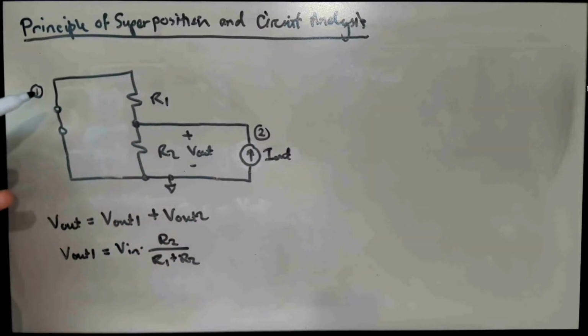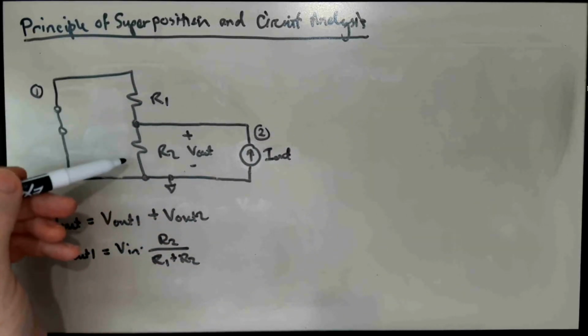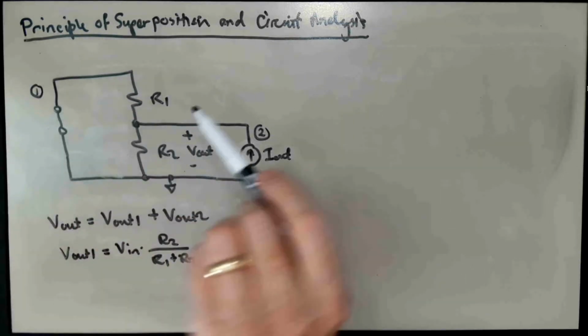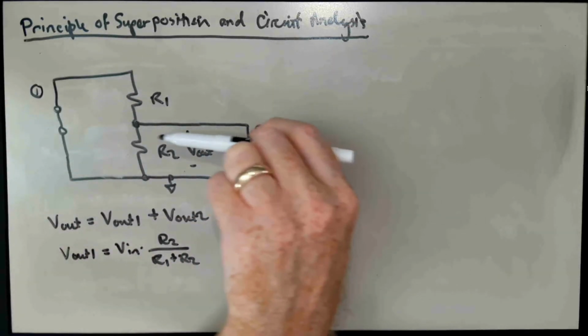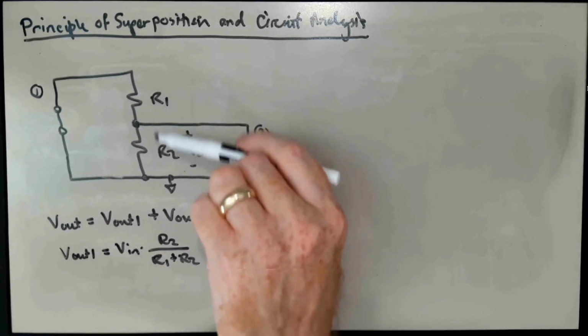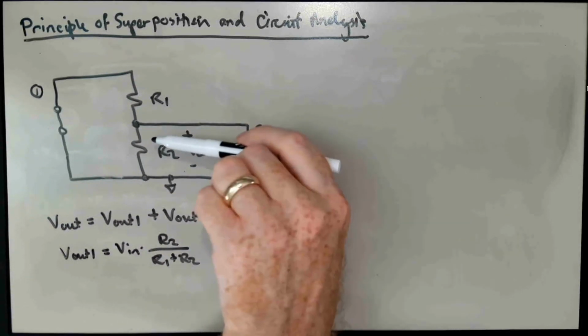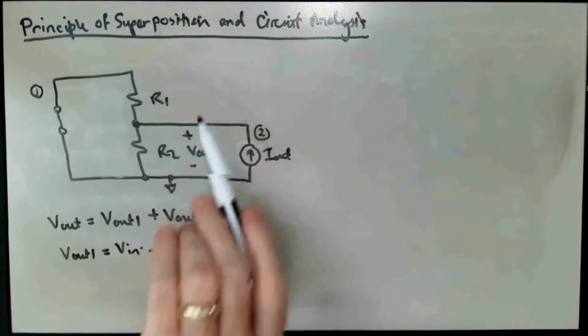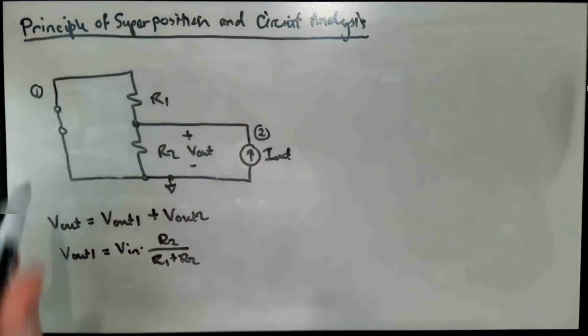Now, from the input voltage source point of view, R1 and R2 were in series. But if we look from the point of view of looking into this middle node here, we see two parallel pathways that current can flow. The current splits. Some of it goes through R2, some of it goes back through R1.